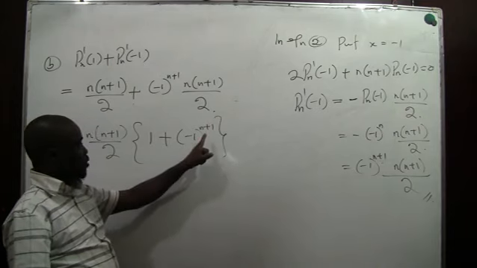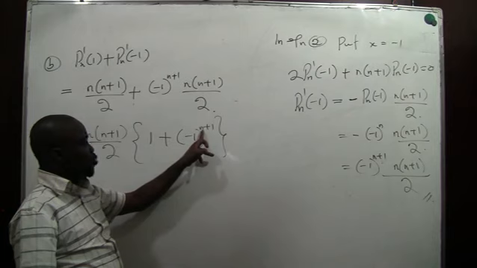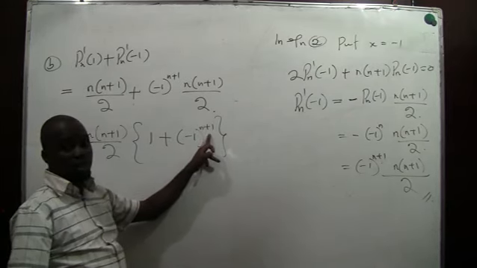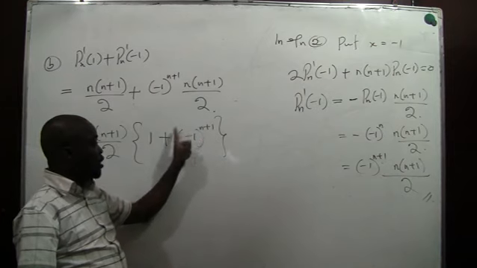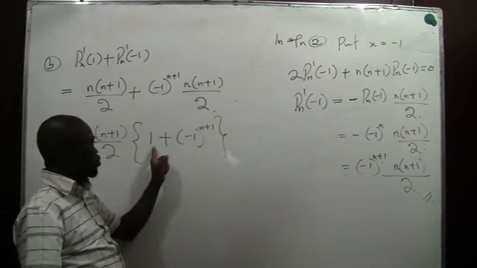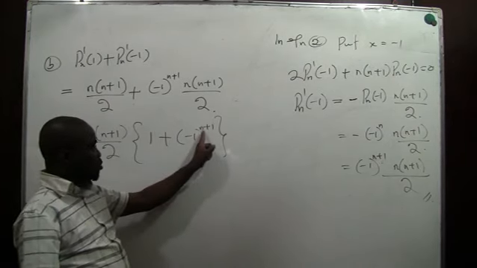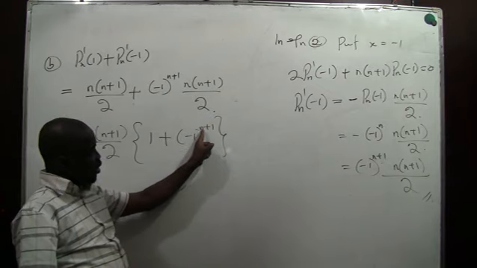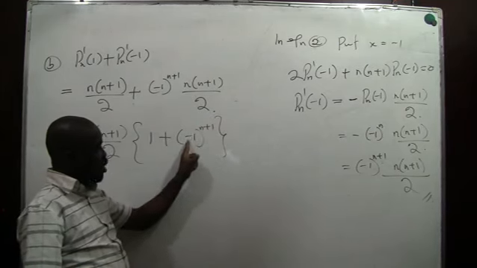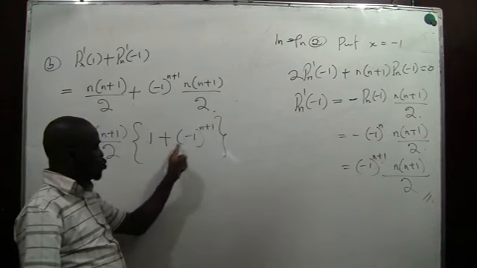However, we can move on by saying, suppose we put values for n at this point. Let's put an odd number here. If I put any odd number here, the whole exponent becomes an even number, which turns this one to positive, and 1 plus 1 is 2, which will cancel this. If I substitute an even number here, the exponent becomes odd, and −1 raised to any odd power is negative, so 1 minus 1 gives us 0.